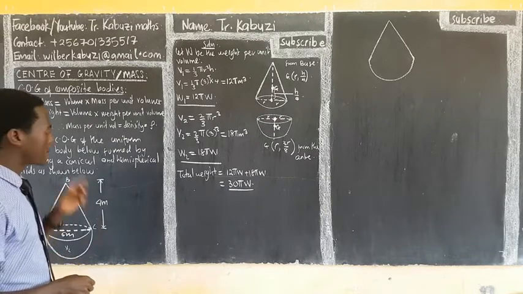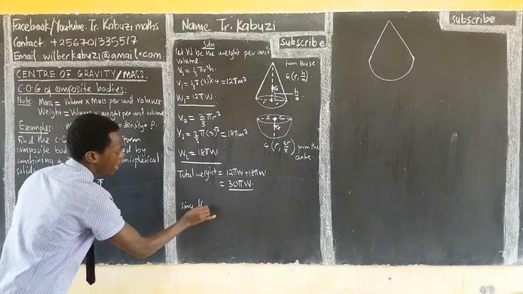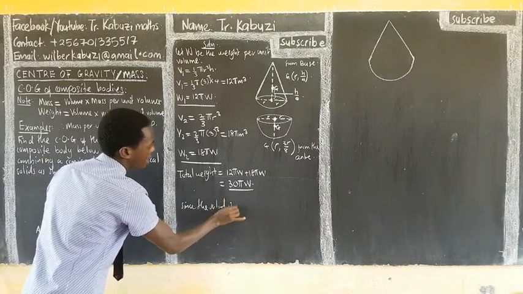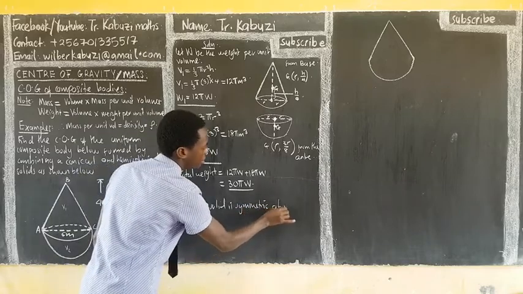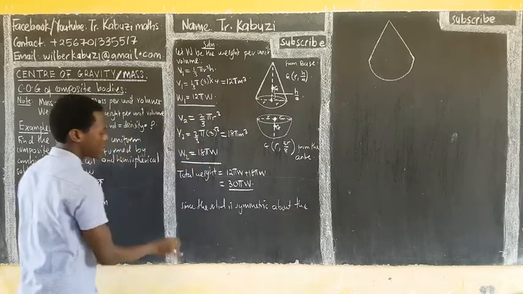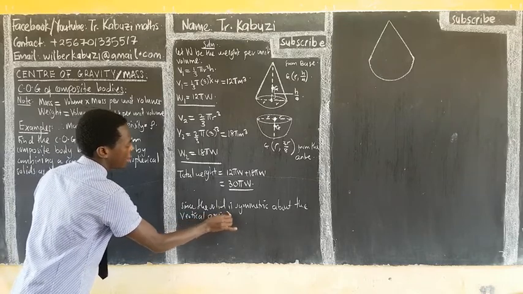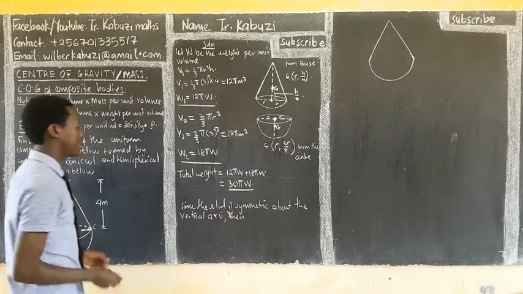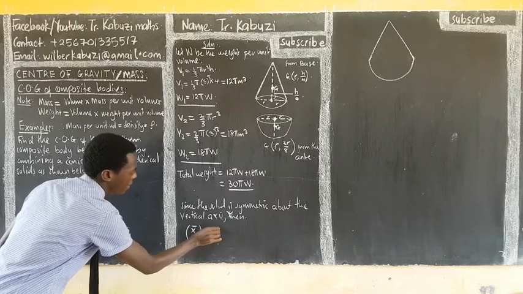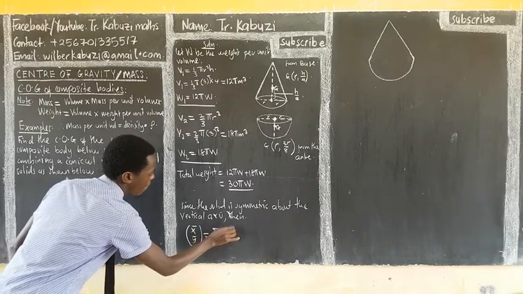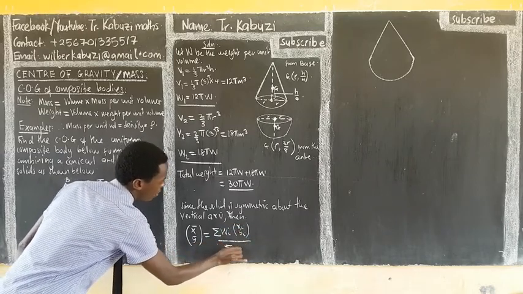So we are going to consider, since the solid is symmetric about the vertical axis, then of course our center of gravity, y bar, all we need is the sum of w_i y_i over the summation of w_i.